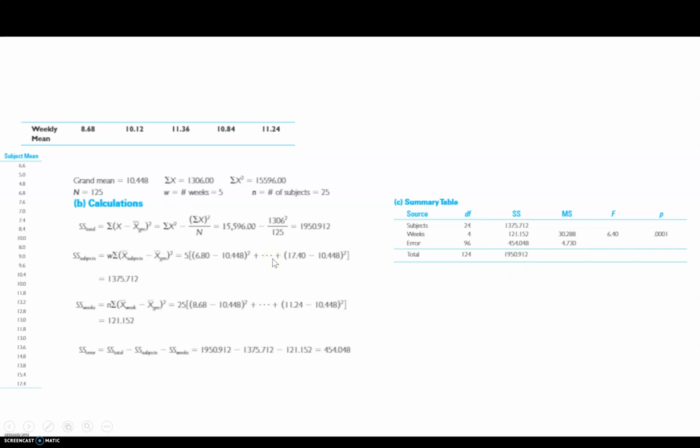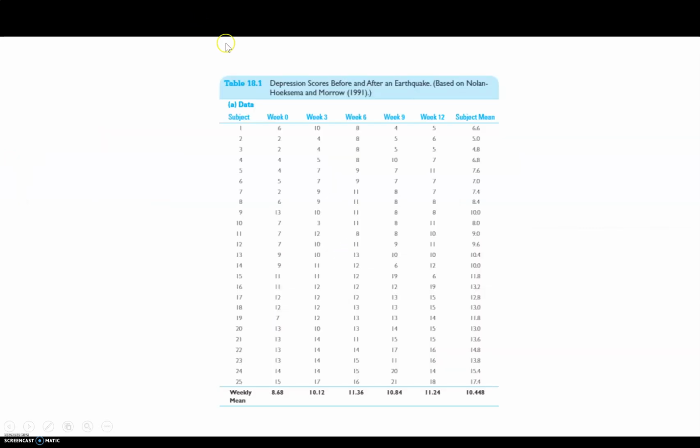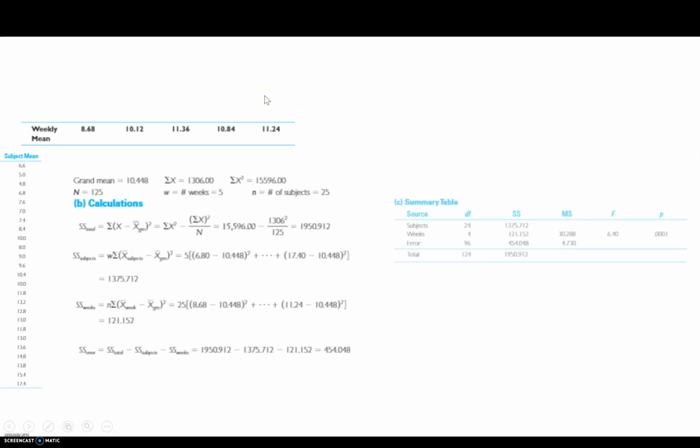As I mentioned, there are actually 2 independent variables going on here. The one independent variable is week, and the other one is actually the subject. So you can see that there is a sum of squares associated with this other independent variable. This would be like a main effect of subject, but that's not really of interest. It's a given that your subjects are going to differ from one another.